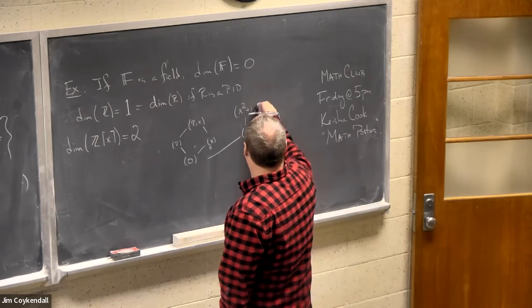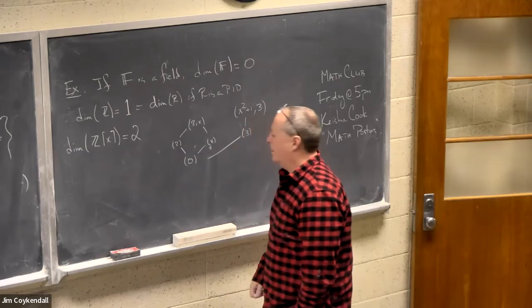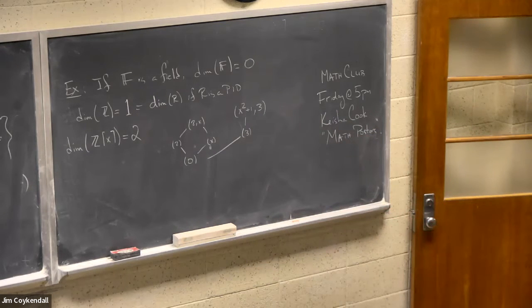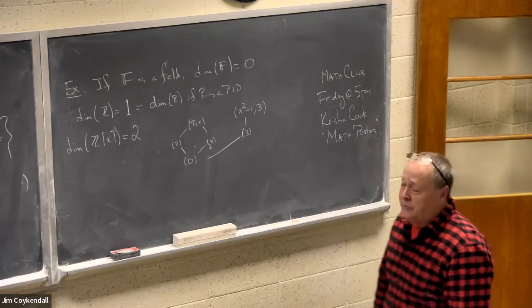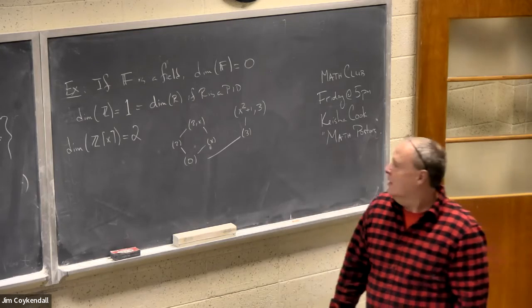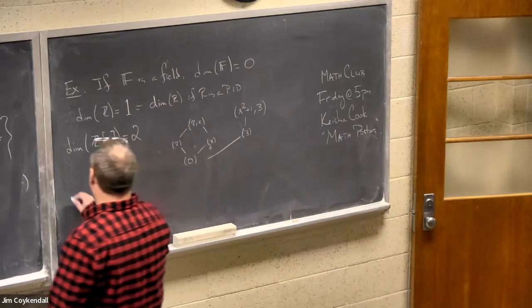I guess my little pictures here make it absolutely clear that the dimension of Z[x] is at least two, right? But how do you know that you can't stack them higher? Well, for now, let's just say I said so. But you can't for this one. But actually, it's interesting because this shows that a UFD can have dimension higher than that. If you want to guess what happens here?